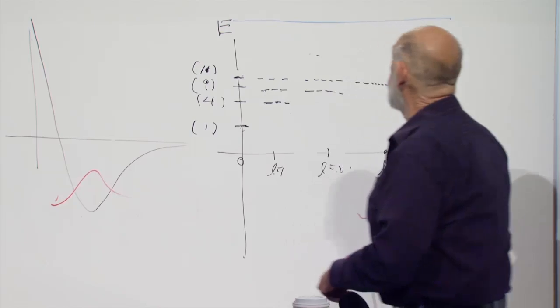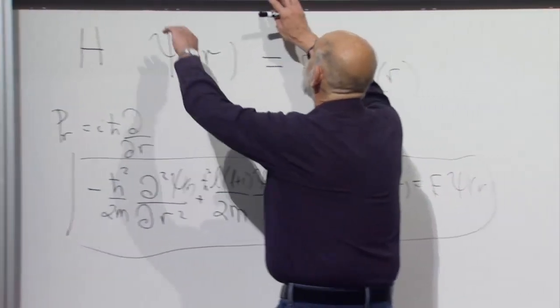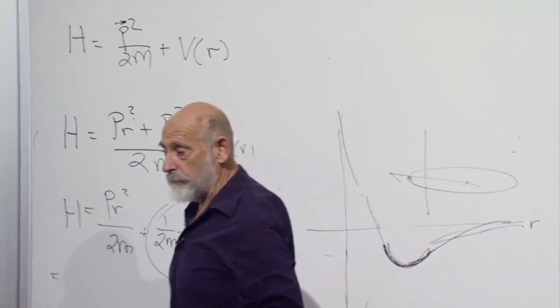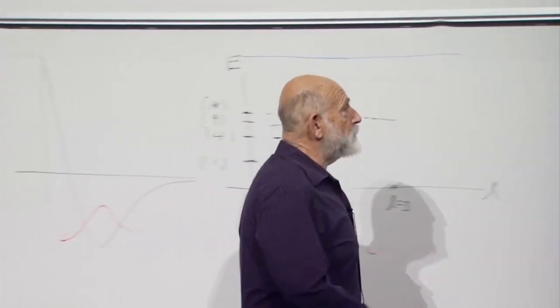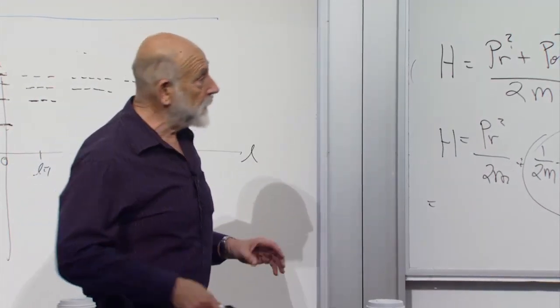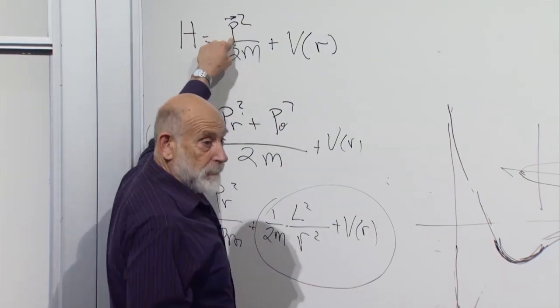All of this is, of course, just trickery for solving the Schrodinger equation. Let me write the Schrodinger equation in its original form before we went to angular variables. It wouldn't be particularly helpful to try to solve it, but we might just try to write it down. P squared means px squared plus py squared plus pz squared.